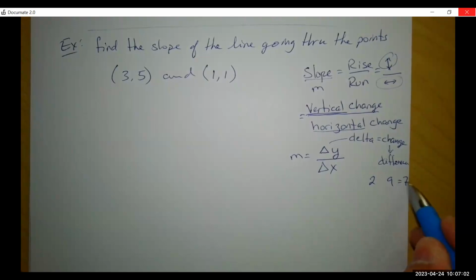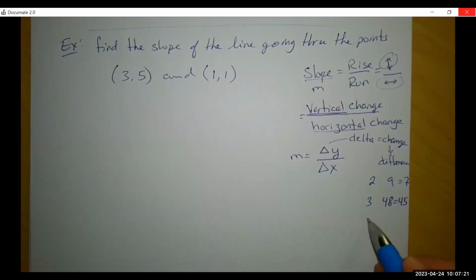They're 7 apart. How about 3 and 48? How about 7 and 91?